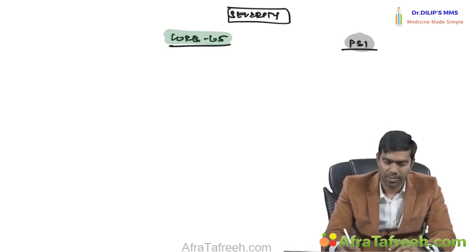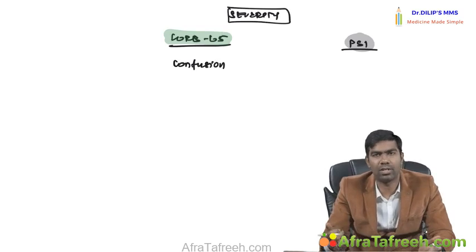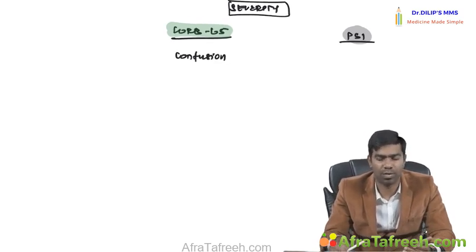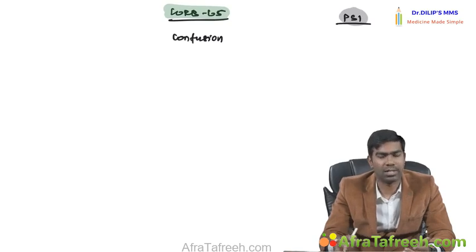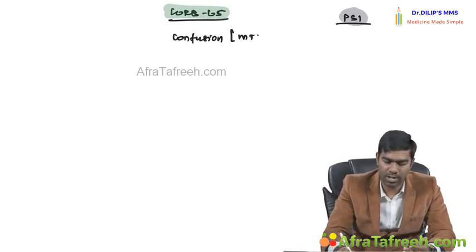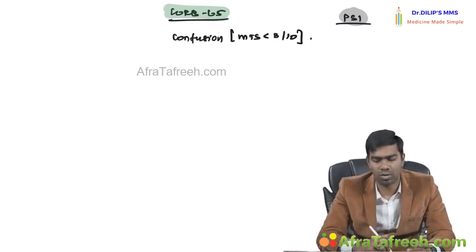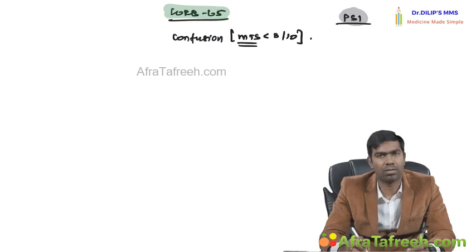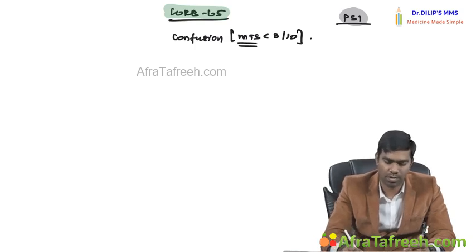Number one, C stands for confusion, which means a mental test score less than 8 out of 10. MTS means mental test score.